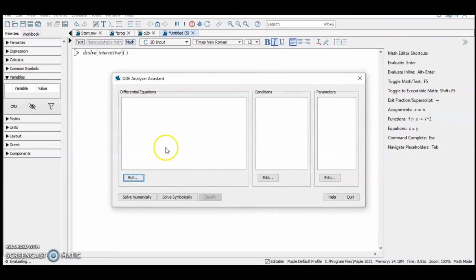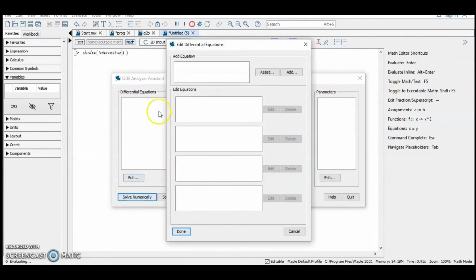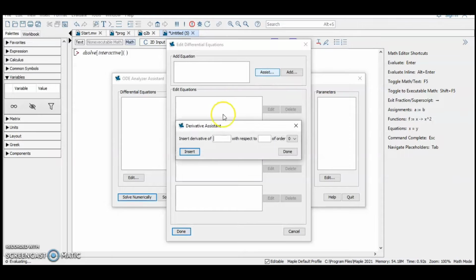A box will appear, so you click edit and add the equation. I put y double prime, so y with respect to x and the power of 2 because it's double prime. So I insert it, and then I insert y prime to the power of 1.